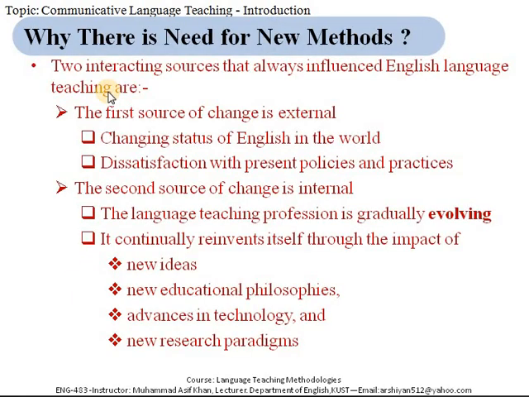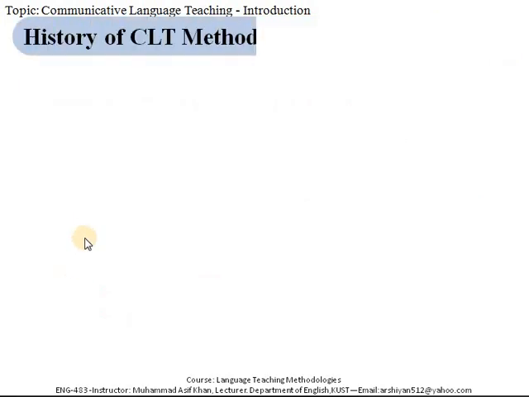We have discussed that there are two interacting sources which always influence English language teaching and English language teaching methodologies. Now let's have a look at the history of this method, and how it evolved.